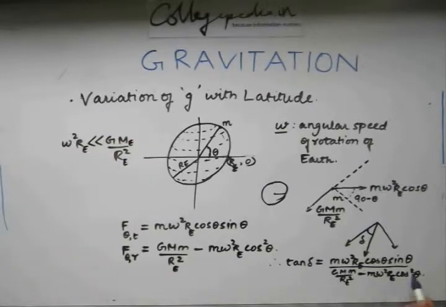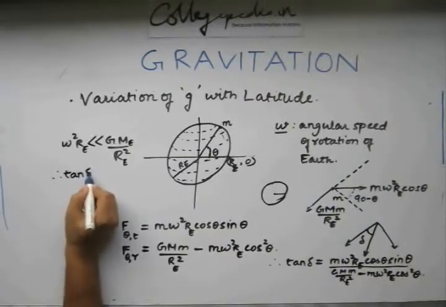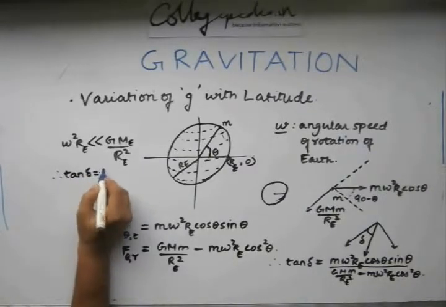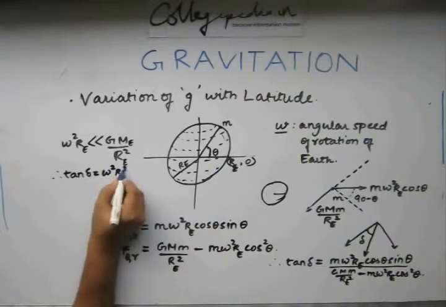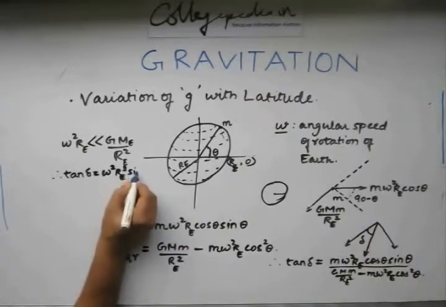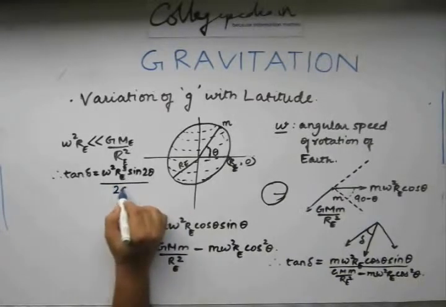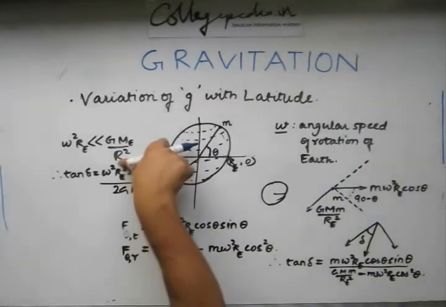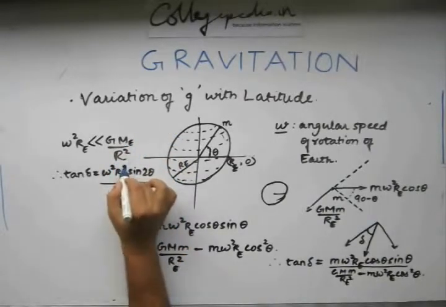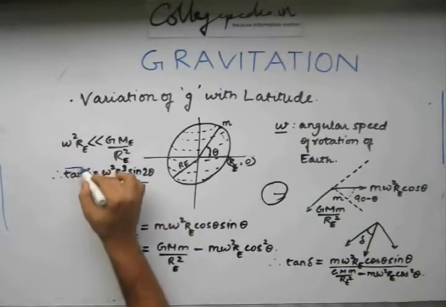If this holds, we can neglect this term. Therefore, tan delta becomes equal to omega square Re cube sin 2 theta divided by 2GM. This is what we get as the value of tan delta.